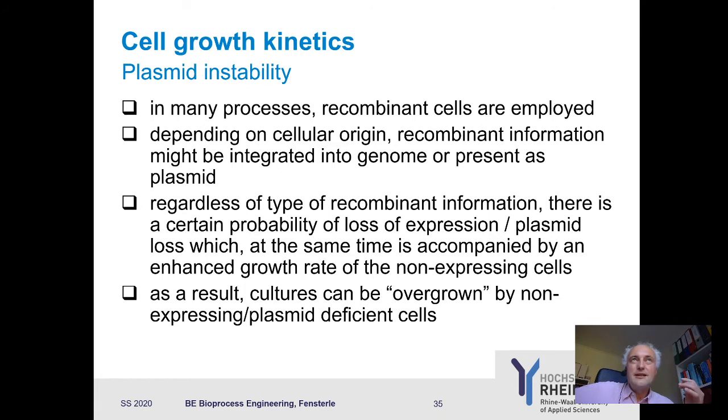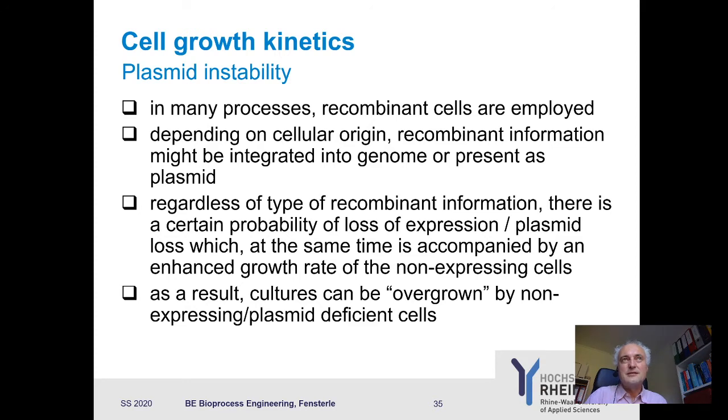Now, even if you have a good origin and a good stabilization, there's a certain probability to lose the plasmid. This is not true for balanced lethal systems, but usually in production you don't use balanced lethal systems. This means that a certain amount of bacteria is likely to lose the plasmid after division.